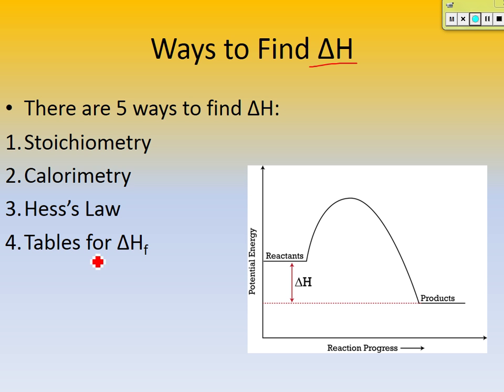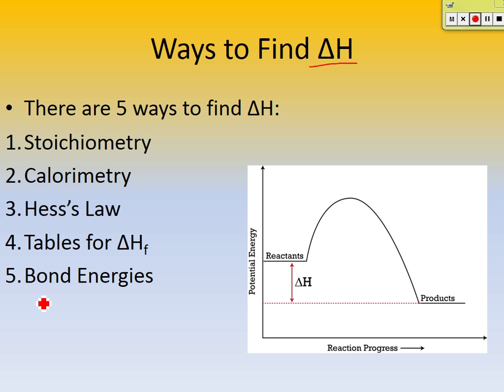There's tables we can look this information up on because they've already been calculated in a lab. And finally, we can calculate delta H by looking at bond energies. Because bonds are being broken and then reformed, we can look at the bond energies to determine delta H, and we'll do that in the very last part of this chapter.